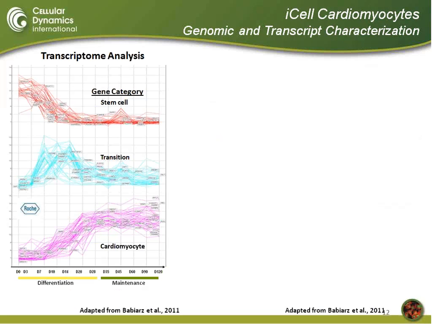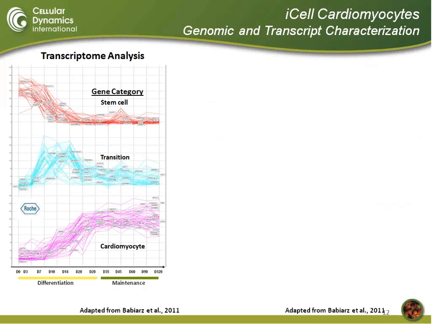All right, now we'll begin with the iCell cardiomyocyte characterization, and we'll start with the genetic characterization. On the left here, I have a transcriptome analysis, which was done by Roche. Using their algorithms, they categorized the genes into 3 different categories: stem cell genes, transition genes, and cardiomyocytes.